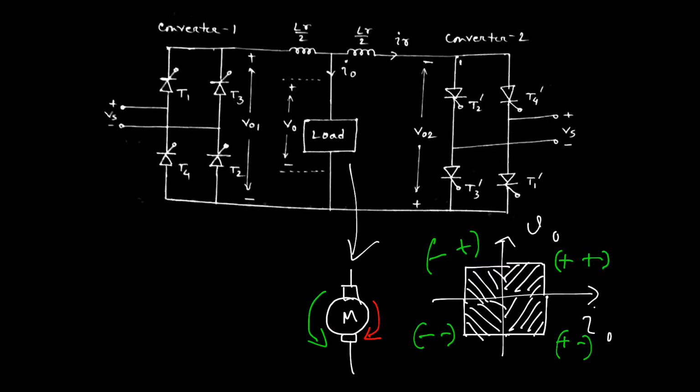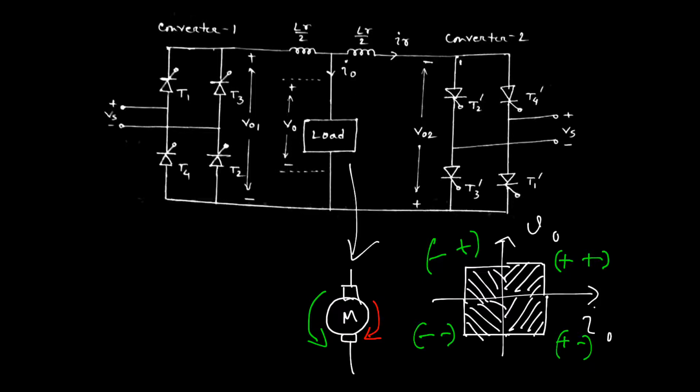But due to the change of voltage of converters 1 and 2, depending on the firing angles alpha 1 and alpha 2, an instantaneous voltage difference can occur, and due to that there may be no current in the load, but there occurs an instantaneous voltage difference.